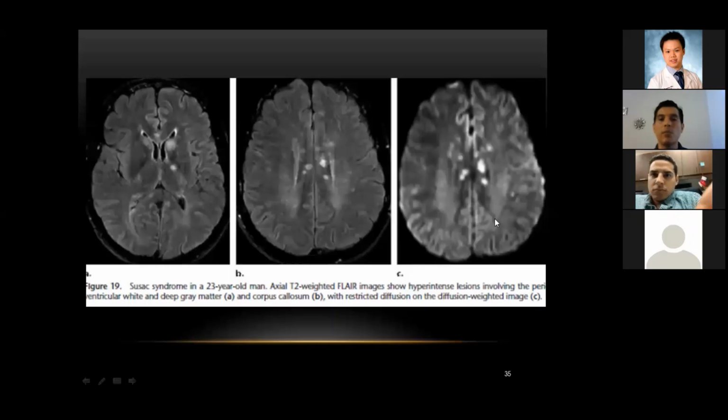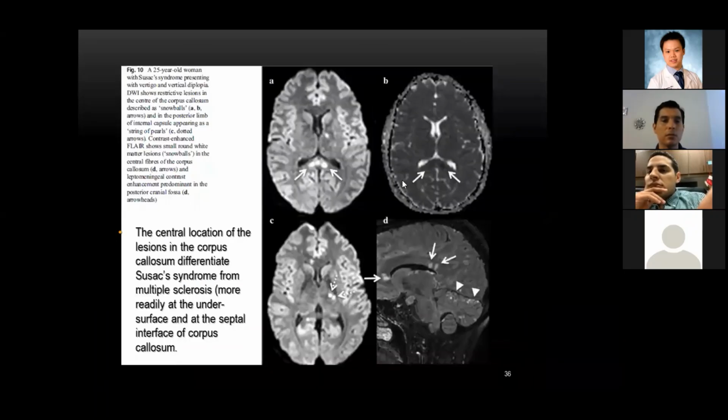We will see both. In this case, the pearls in the internal capsule in a 23-year-old man are hyperintense in DWI, with restricted diffusion.